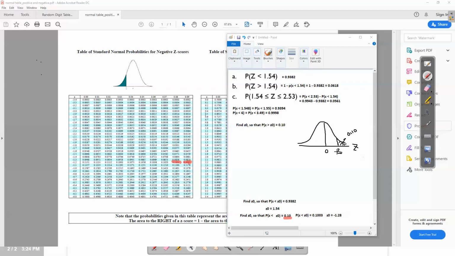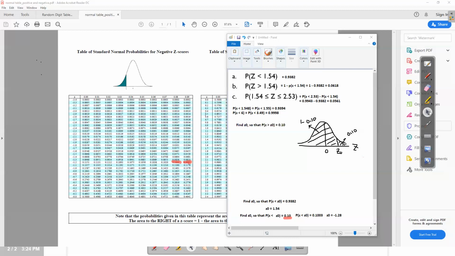The Z-table only gives you the probability to the left. So if the probability to the right of z0 is 0.10, what will be the probability to the left of z0? It will be 1 minus 0.10, right? Because the total probability for any distribution has to equal 1.